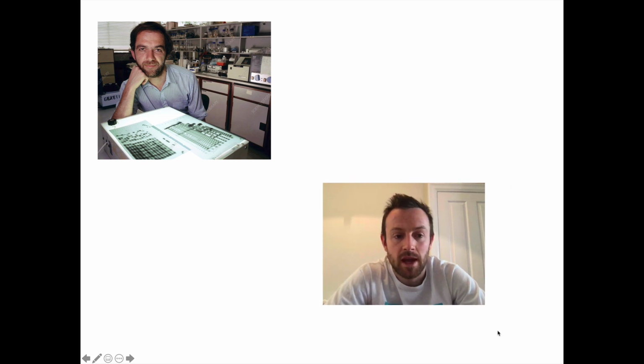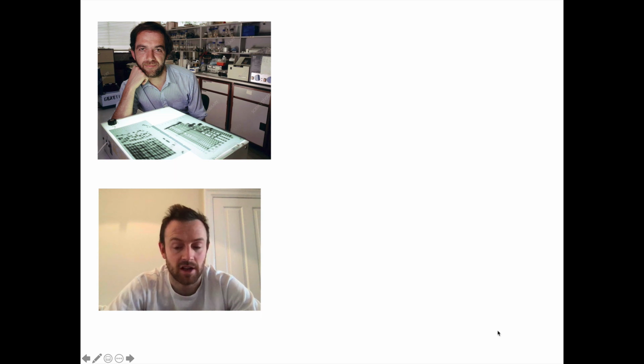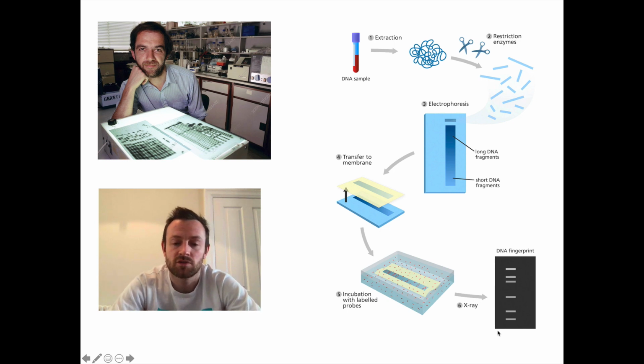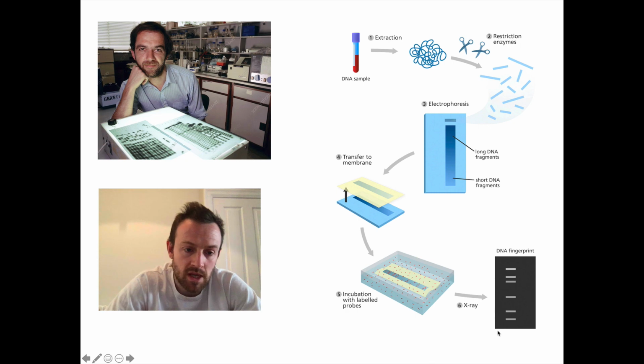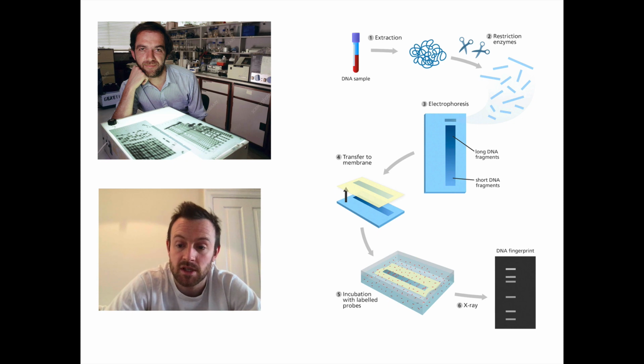So the person who came up with this technique was a guy called Sir Alec Jeffreys, now Professor Sir Alec Jeffreys. He came up with it in the 1970s, and in a minute we're going to go into detail, but first of all, just as an overview, what he did was he took DNA samples, cut them with certain enzymes called restriction enzymes, which you should be familiar with from GCSE, and chopped up the DNA into different length fragments.